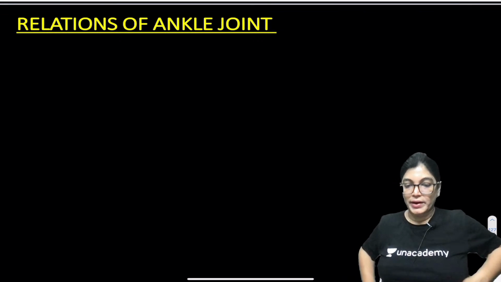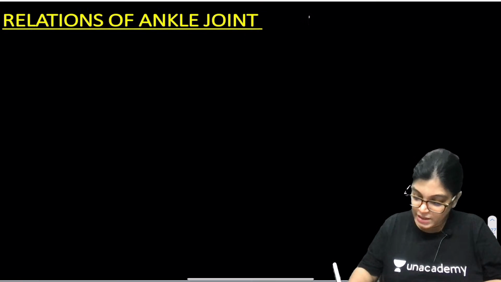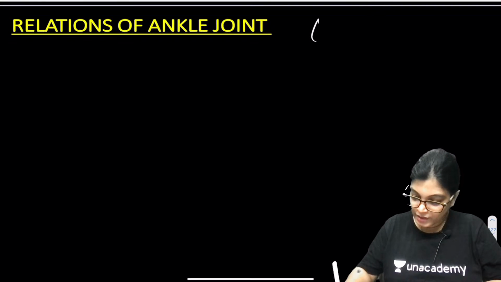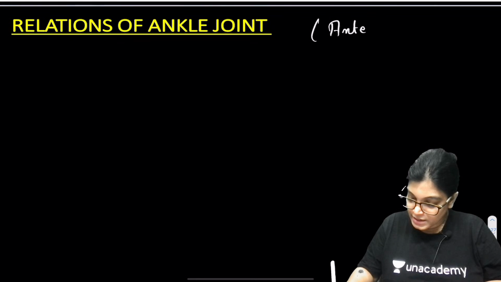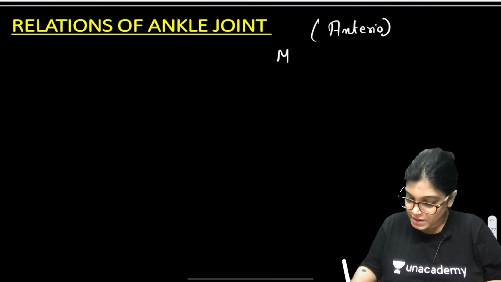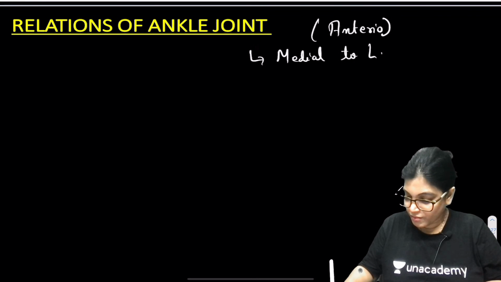Relations of ankle joint. Firstly, anterior relations of the ankle joint from medial to lateral. Got it?